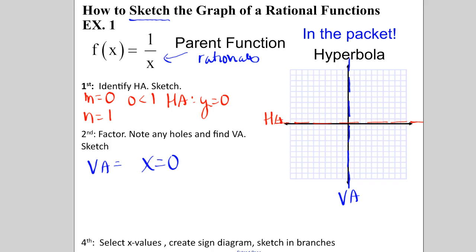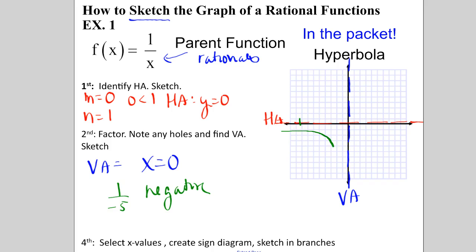Okay, it says select x values, create a sign diagram, and sketch in branches. So what I want to do is figure out what the sign of this is when x is negative 5. At x equals negative 5, 1 over negative 5 is a negative number. So you know what that means?